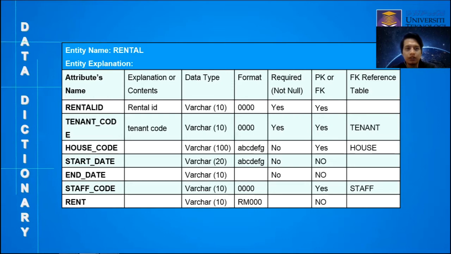So tenant code is the primary key in the tenant entity, but in this rental table, this attribute is a foreign key. And same goes for the house code and staff code. You can see that house code is the primary key in house, and staff code is the primary key in staff.